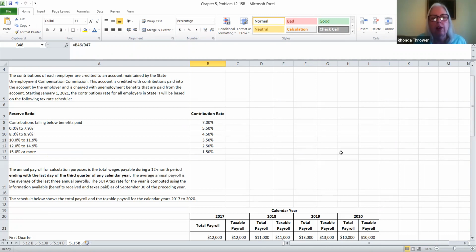Since it was 3.1%, it falls in between 0% and 7.9%. So the contribution rate is going to be 5.50%.